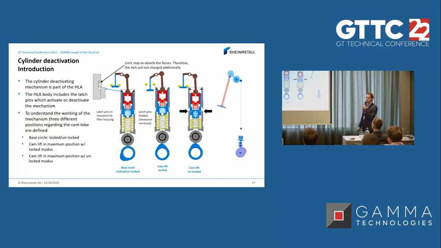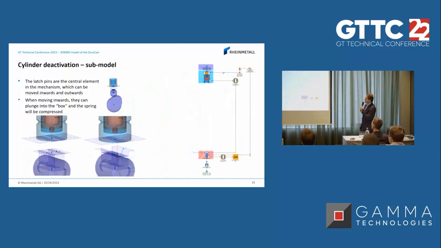So let's have a more detailed view. On the left side, you can see an activated mechanism. On the right side, a deactivated mechanism. On the far right side, you can see how we implemented this in GT. At the top, you can find the HLA, at the bottom, the roller. There is a lifter component, which is connected to the top of the HLA and the bottom of the HLA. At the top, you can also find the stopping surface. So what's in between here?